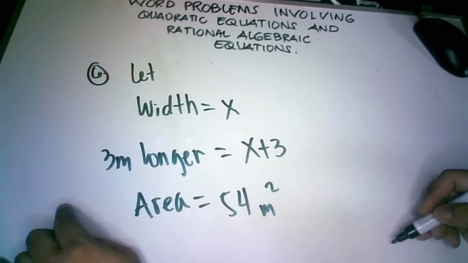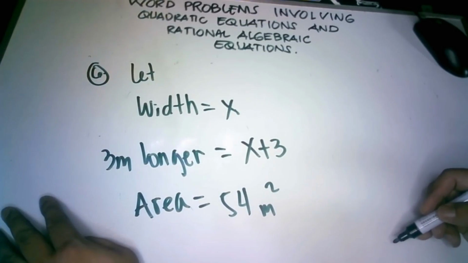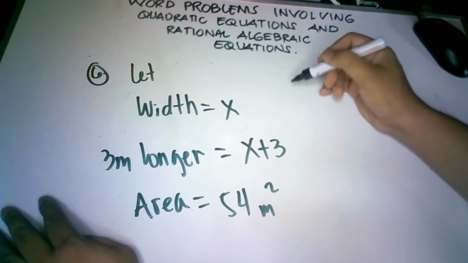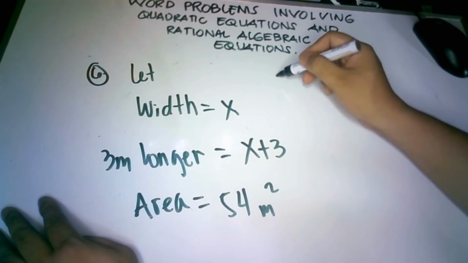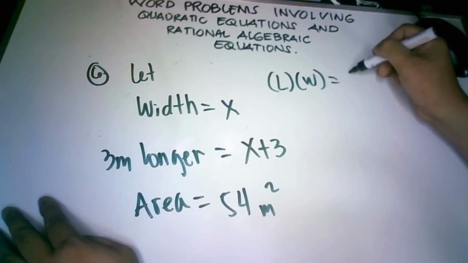54 meters squared. So, in this case, we can now apply the formula for the area, which is, right, length times width equals area.